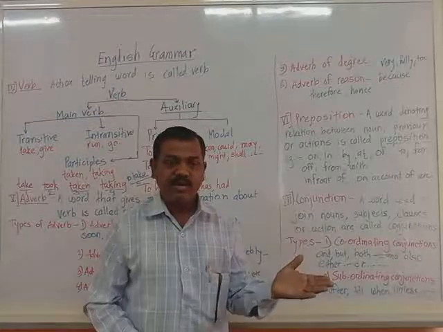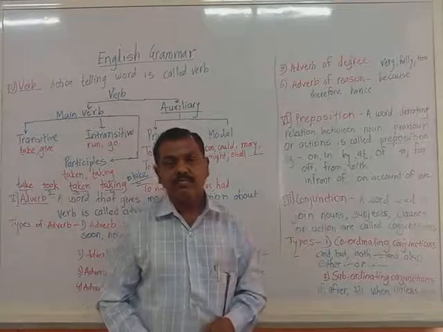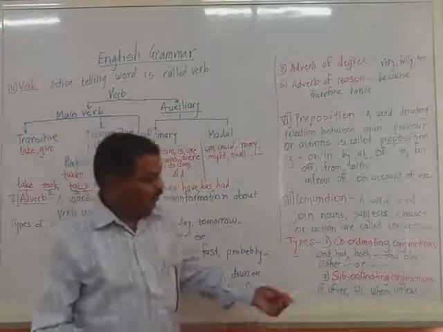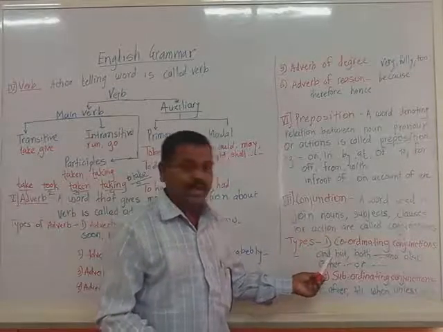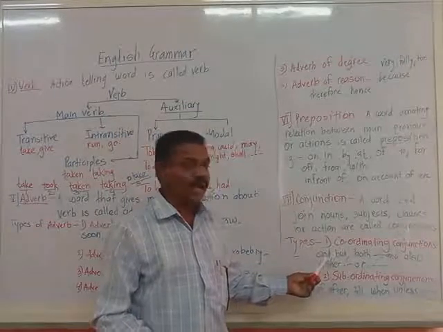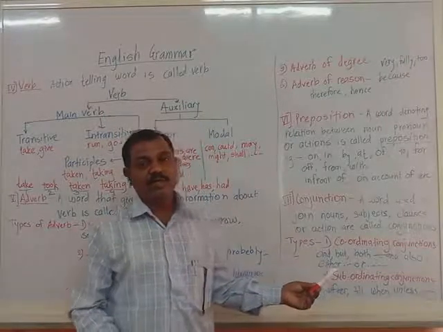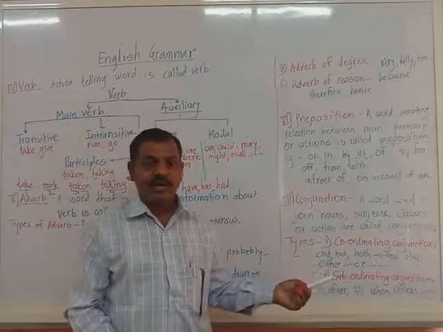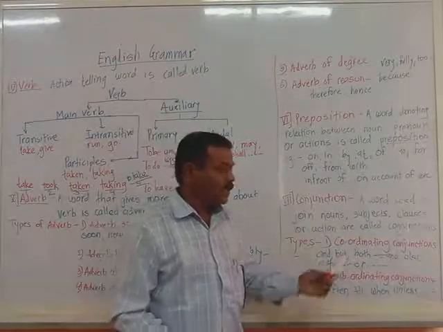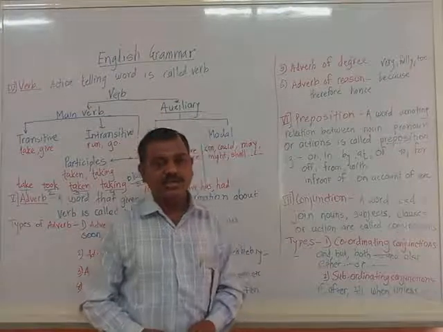I called my friend is one action completed. He looked back, the second action. Both actions are independent in meaning, but they are combined with and, and one sentence is formed. These are the two actions.